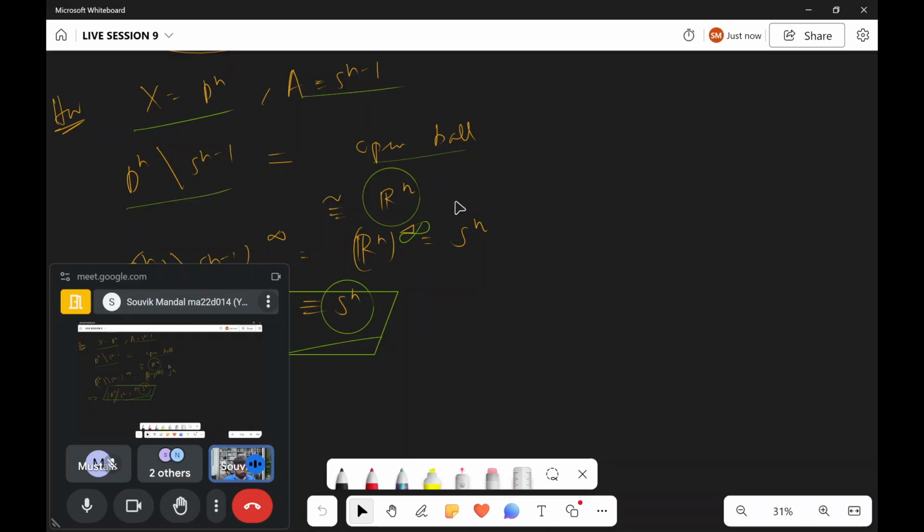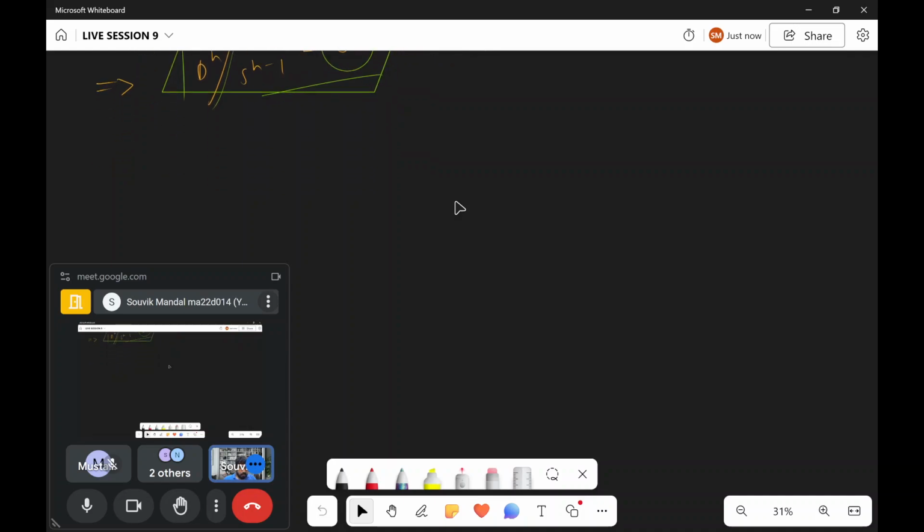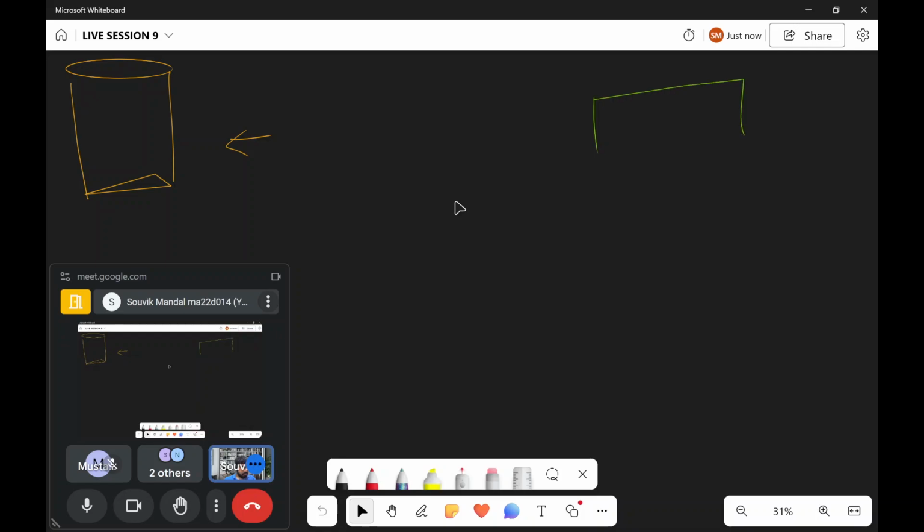Now, why does the quotient topology come into the picture in the first place? Suppose we have a cylinder. One can get this cylinder as follows. We have a rectangle, and we glue it in the following direction, doing something like this.